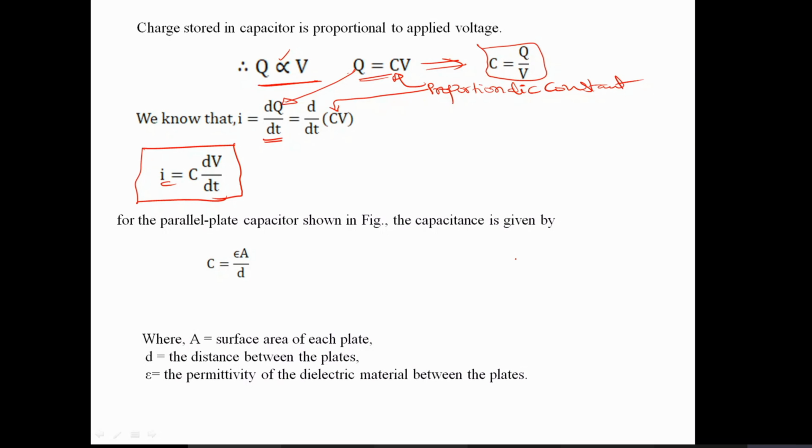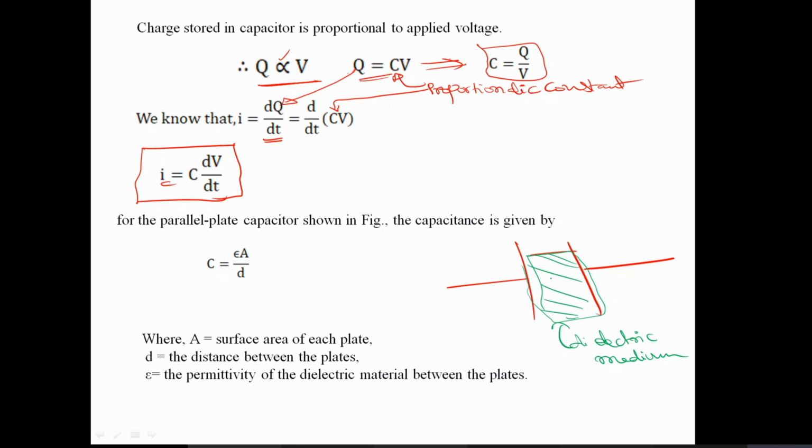If you consider a parallel plate capacitor like this, which has a dielectric medium inside it, and these plates have an area of cross section A, and these plates are separated by a distance d, and epsilon is the permittivity of the dielectric medium, then the capacitance is given by epsilon A by d. This you have studied in physics.